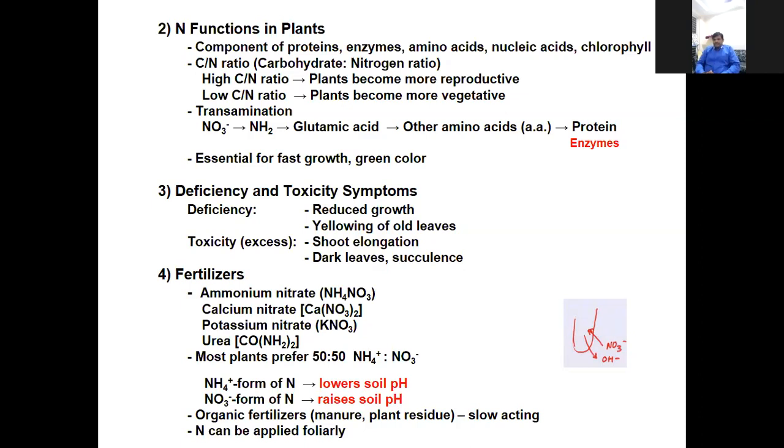The ammonium form of nitrogen lowers the soil pH, and the NO3 form of nitrogen raises the pH of soil. Some organic fertilizers, manures, plant residue, and green manure also add nitrogen. The nutrient can also be applied as a foliar application.